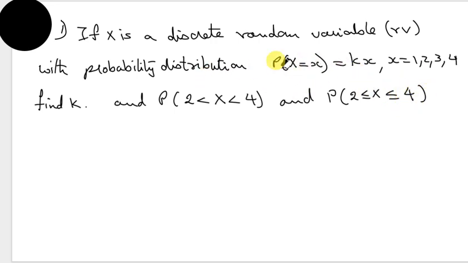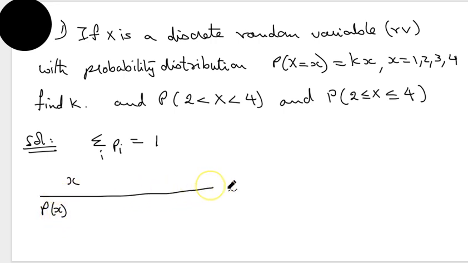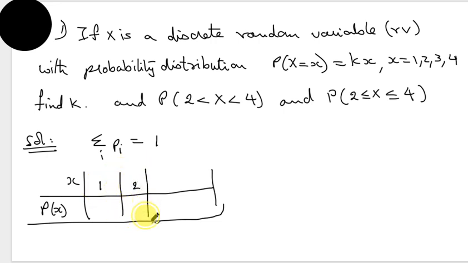The first thing is we have to find out k. So how do we go about this? We know that if X is a discrete random variable with this probability distribution, then the summation over i of p_i should be equal to 1. So let us first form the table for x and p of x. The values are given to be x equal to 1, 2, 3 and 4.